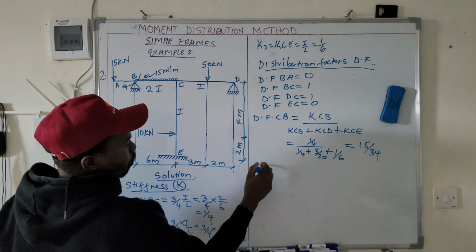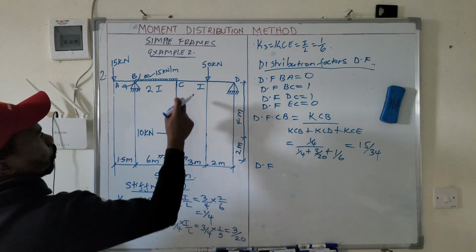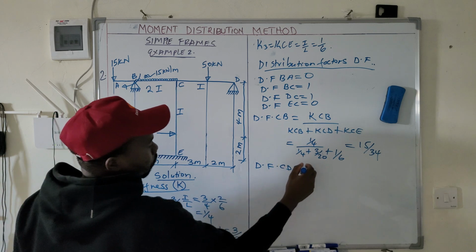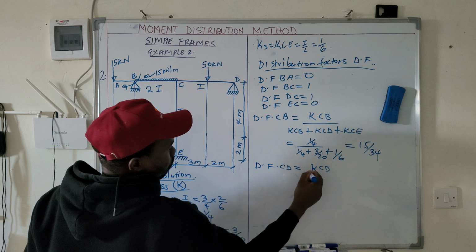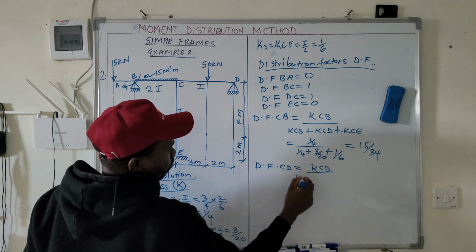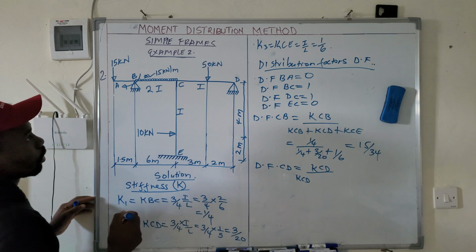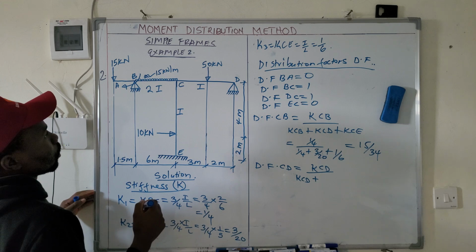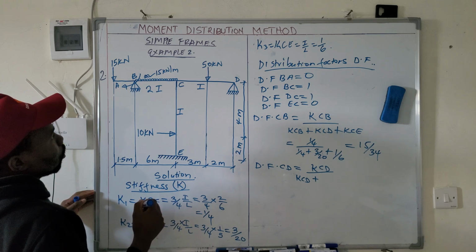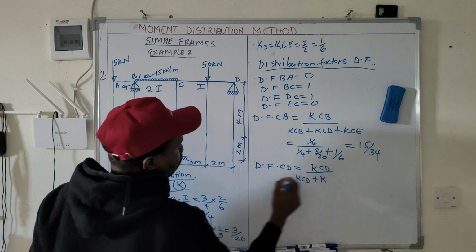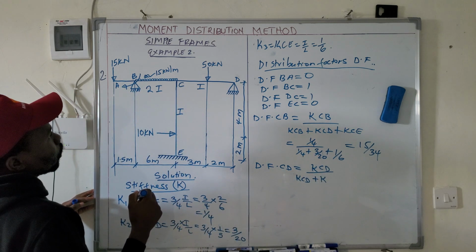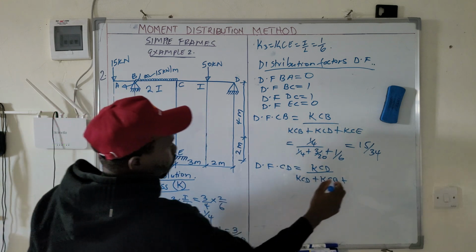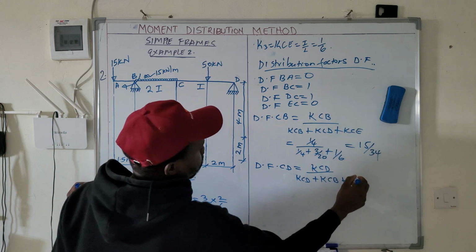Distribution factor CD will be KCD over KCD plus KCB plus KCE.